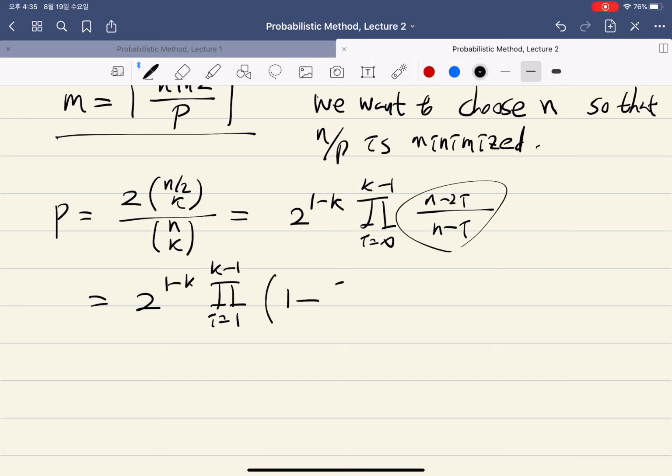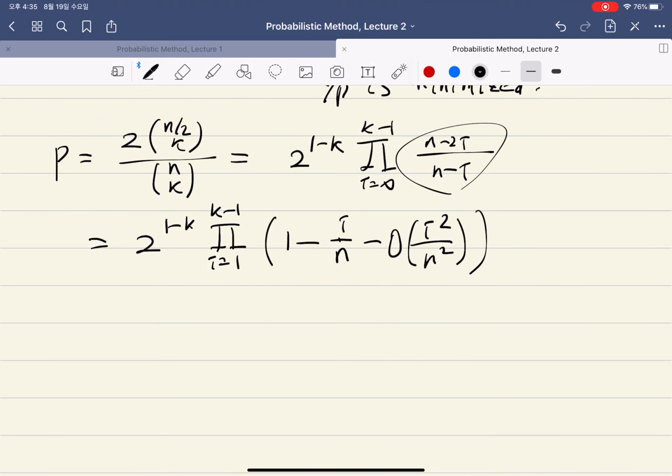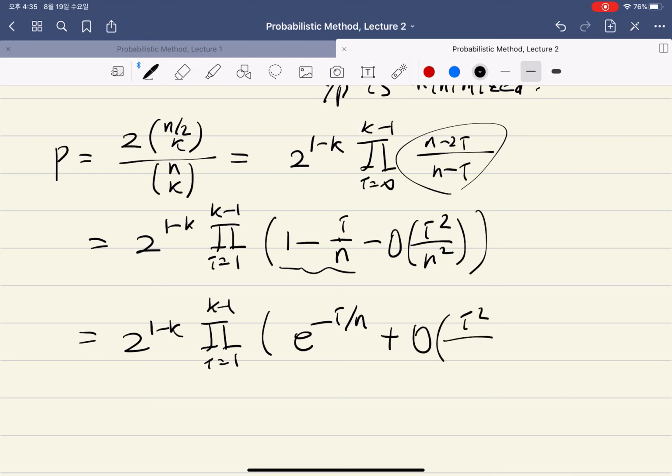It's essentially 1 minus i over n minus some term which is almost quadratic. And this is roughly e to the minus i over n, and the remaining terms are small.